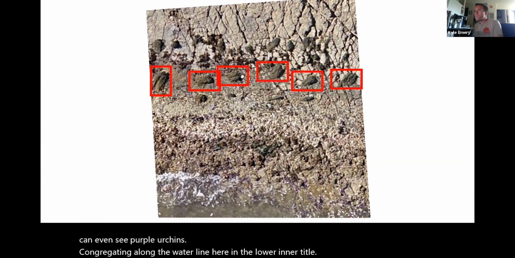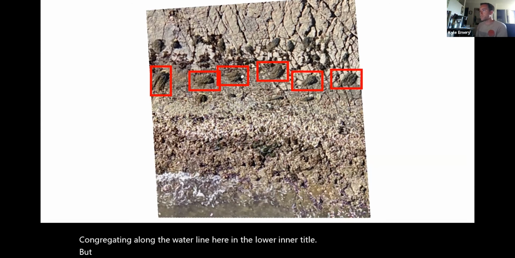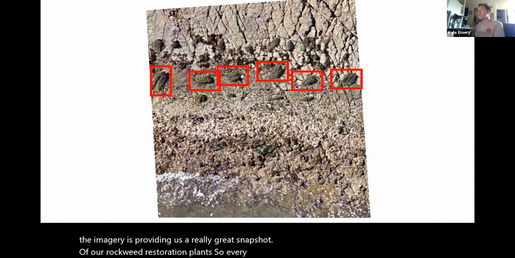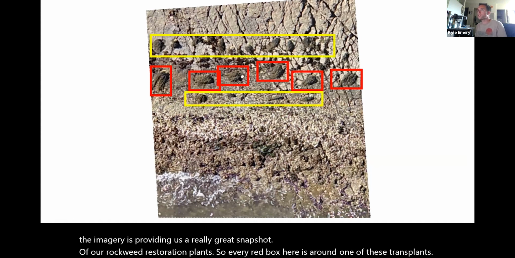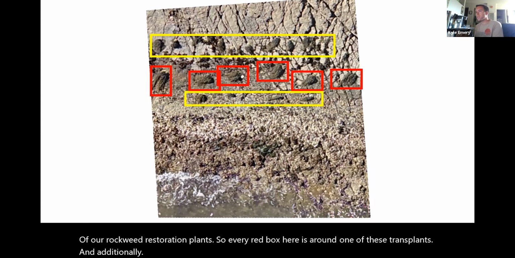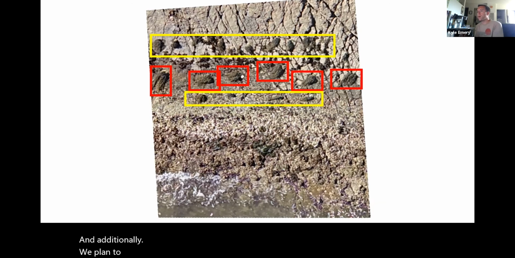But the imagery is providing us a really great snapshot of our rockweed restoration plants. So every red box here is around one of these transplants. And additionally, we transplanted a separate band above and below this, more as an experimental effort to look at success in different tidal heights.